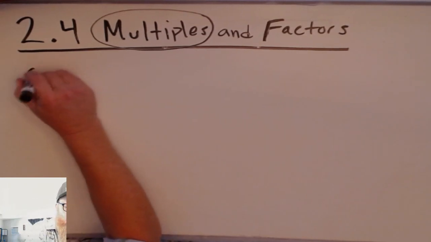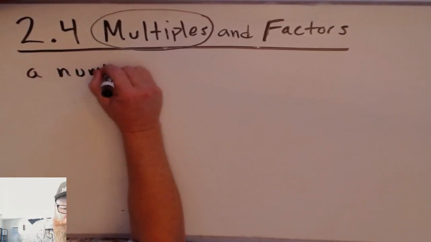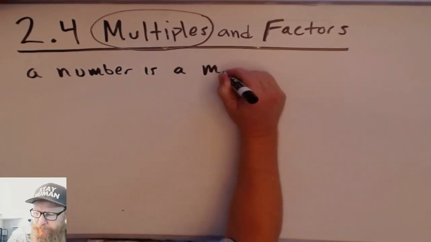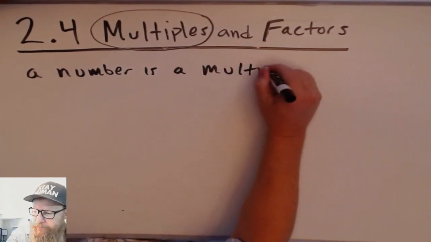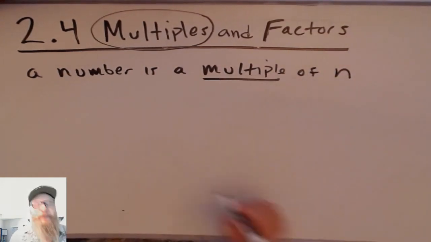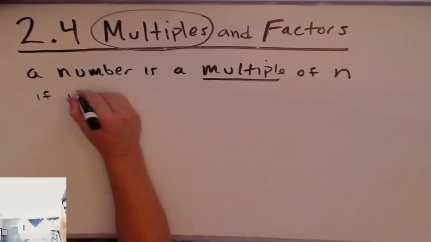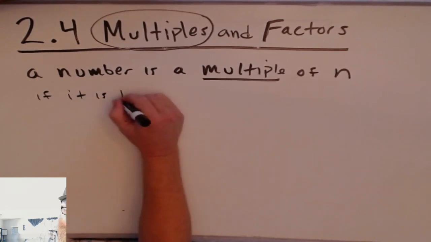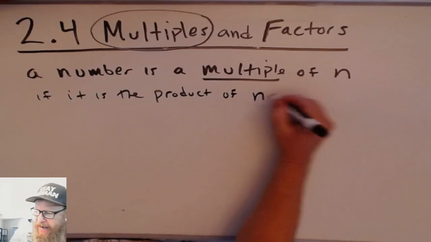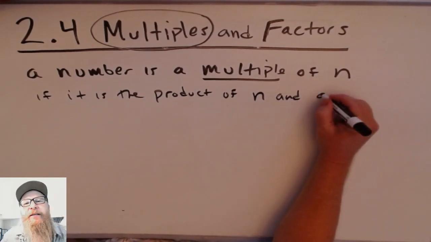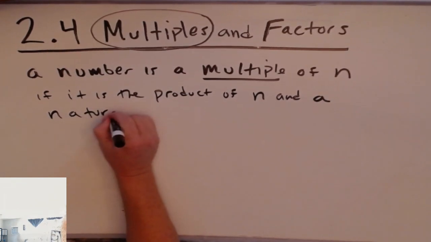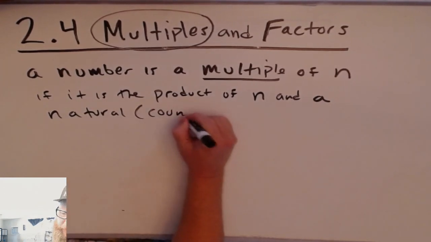So here's the definition. A number is a multiple of n if it is the product of n and a natural number, also known as a counting number.